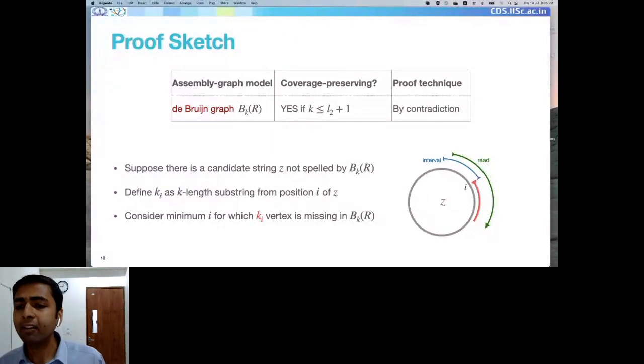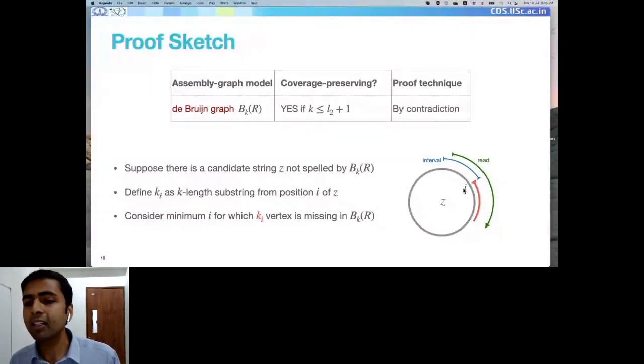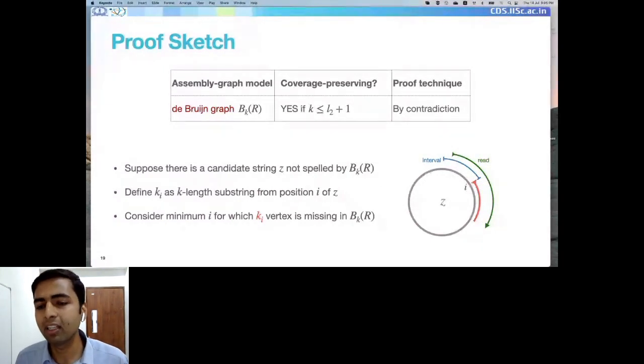Now we can directly say that this cannot happen, because if you look at the interval just before position i, based on our coverage assumption, there must be a read that starts in this interval. And that read is guaranteed to have k-mer i in it. So this violates the assumption, and therefore the De Bruijn graph is guaranteed to be coverage preserving.